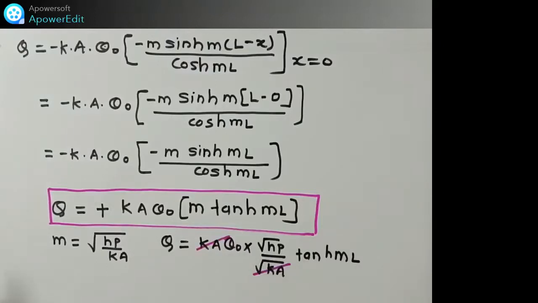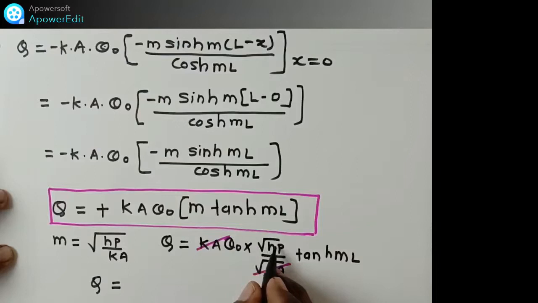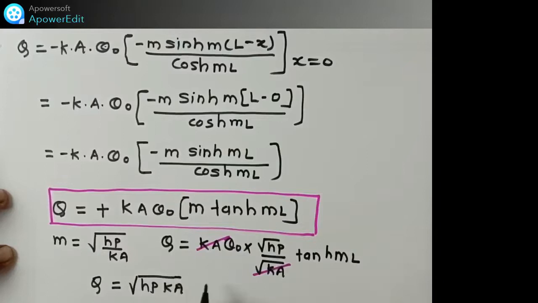So remaining term, Q is equal to square root of hPkA into theta 0 as it is into tan h ml.